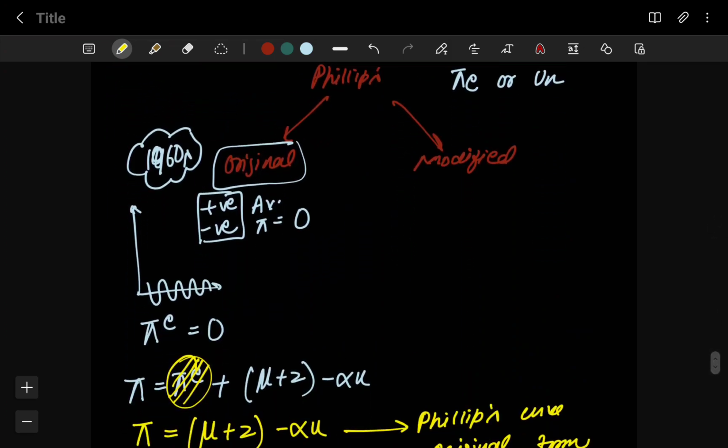Now when I was talking about the modified form, I mentioned that we basically have two types over here. First is expected inflation and another is the natural rate of unemployment. So let this be the first form and let this be the second form.